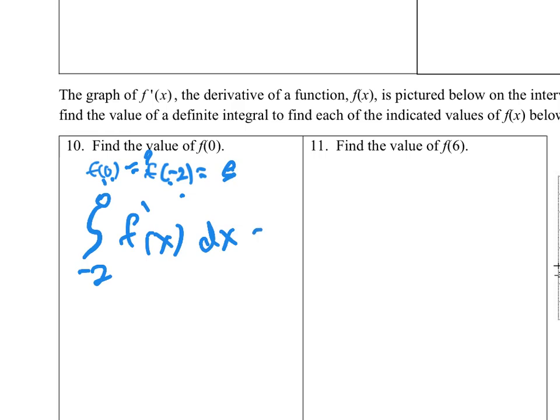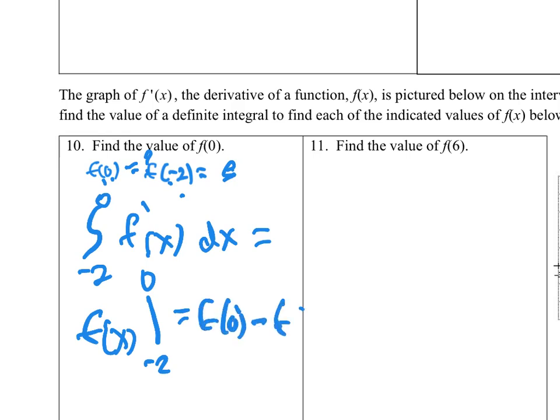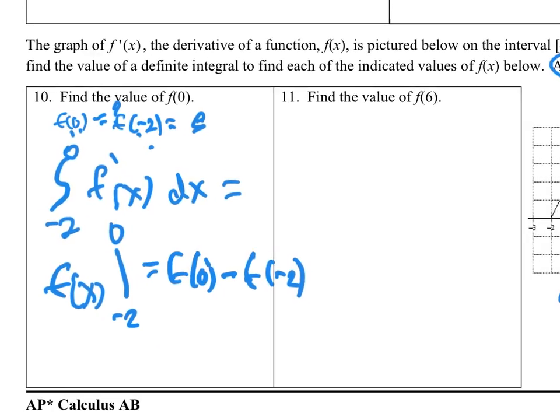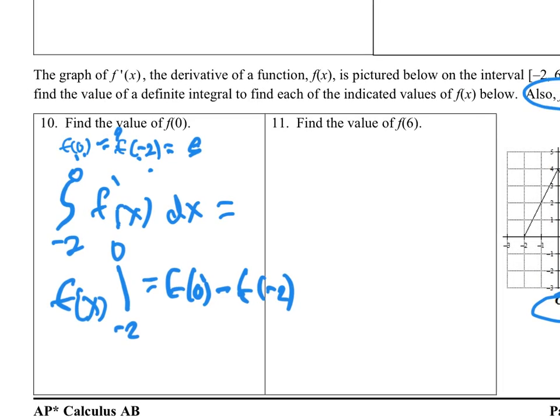Now, we all know when you integrate f prime, you get an f of x, and we're going from -2 to 0, which is why in the other problem I jumped right to this: f of 0 minus f of -2. And this has to equal something in order for me to solve for f of 0.